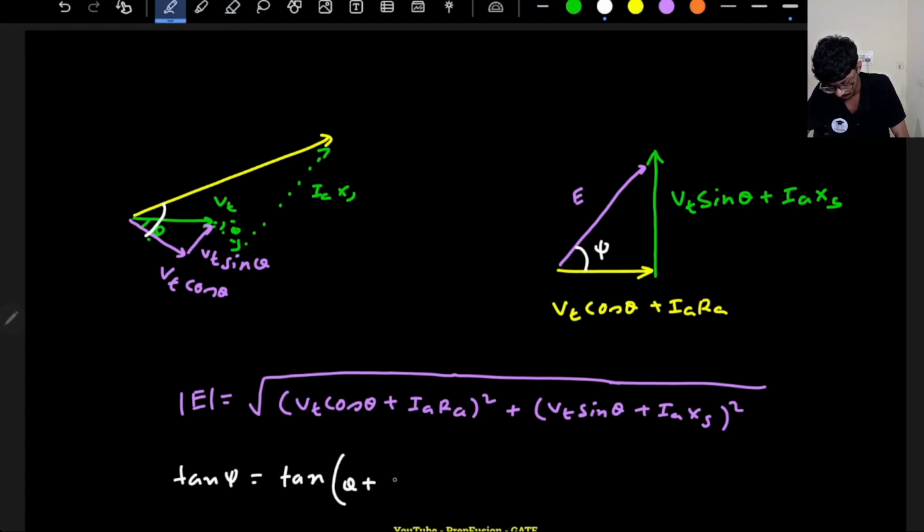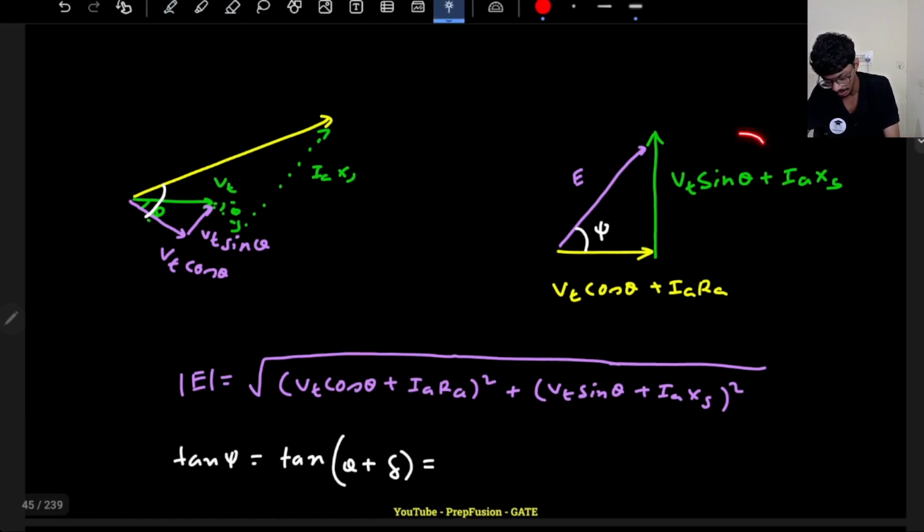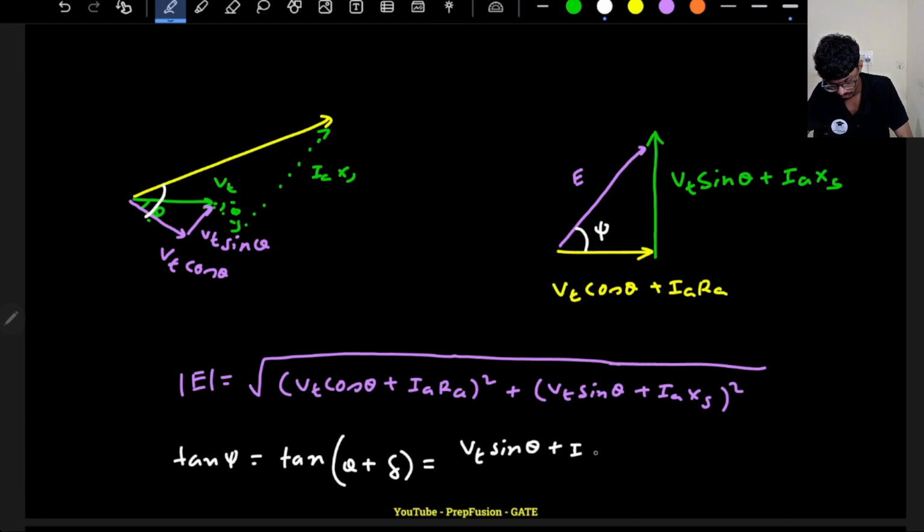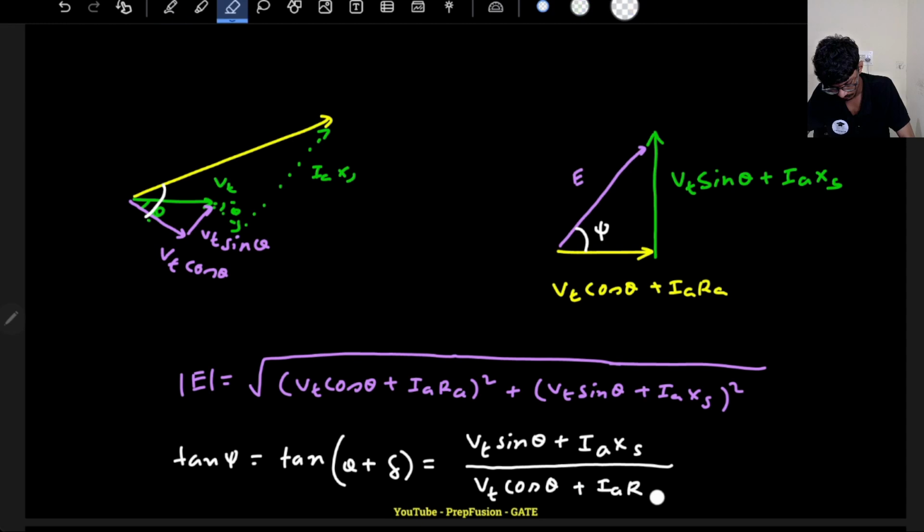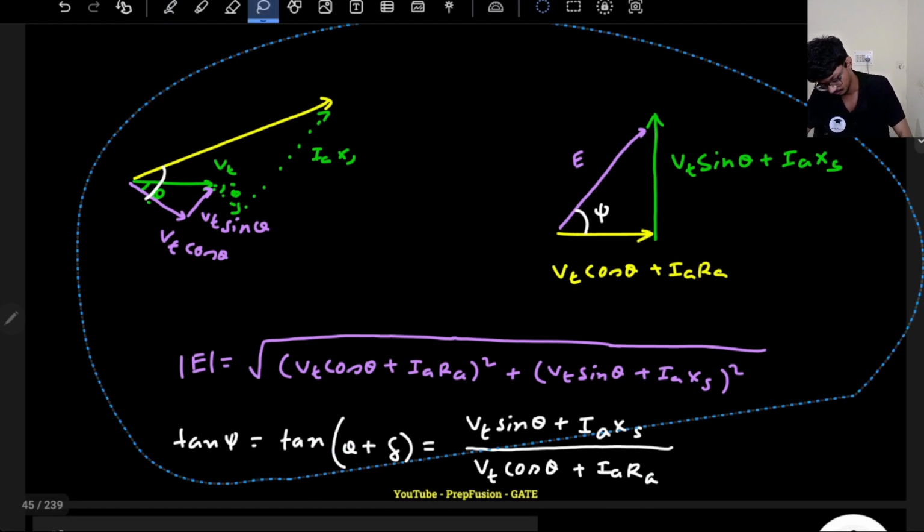So tan of (theta plus delta) equals height upon base, where the height is Vt sin theta plus Ia Xs, divided by Vt cos theta plus Ia Ra. So this will happen.